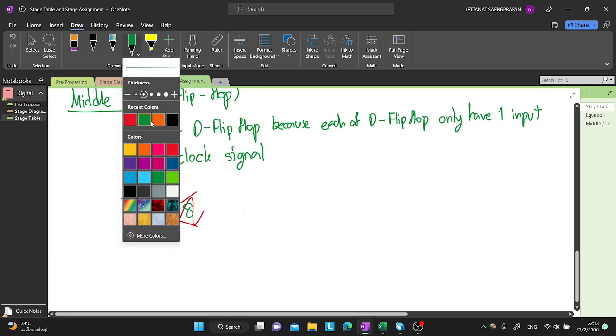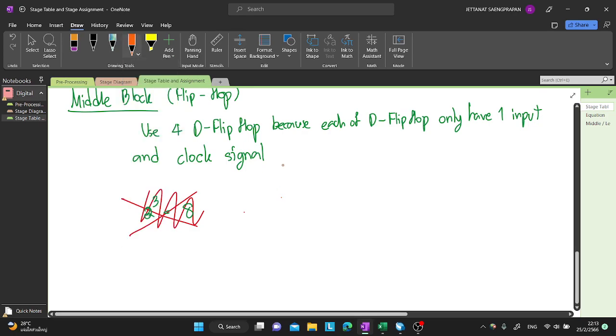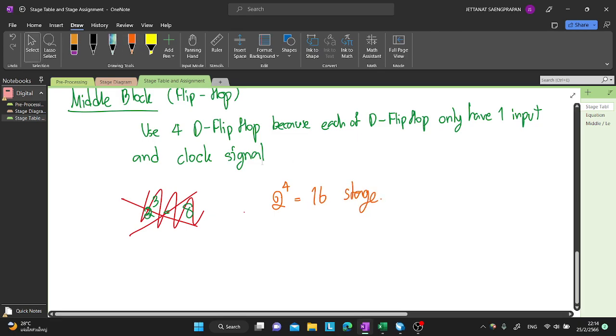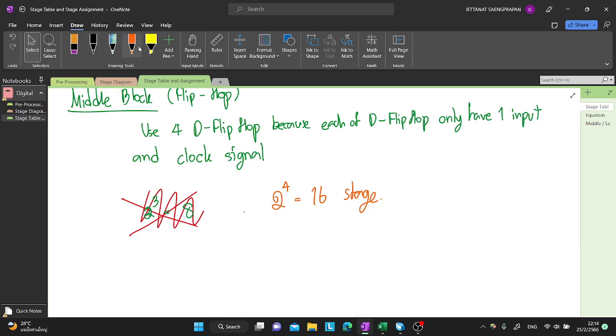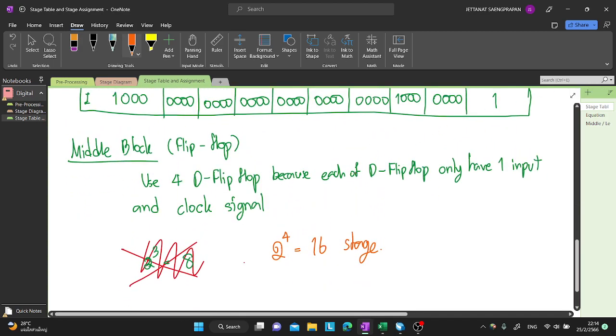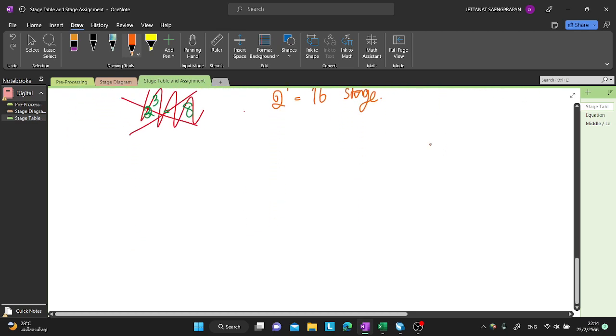The right thing is to use 4 flip-flops, because 2 multiplied by itself 4 times gives 16 states. This is enough for making a circuit. And yeah, the middle block is done.